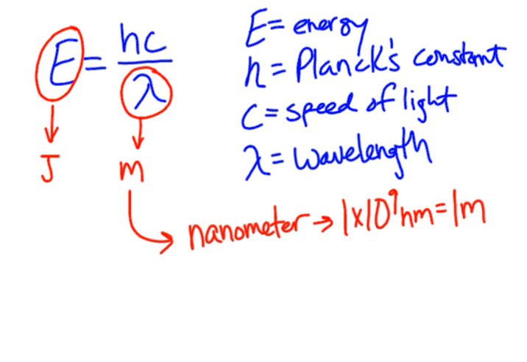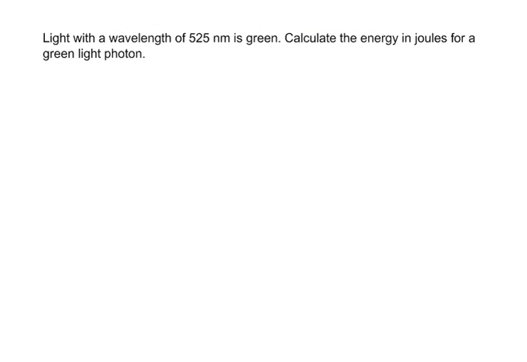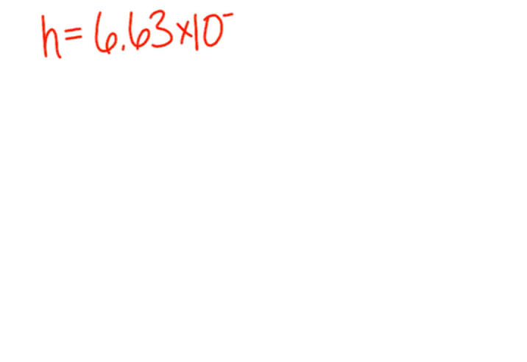Now, the constants up here, the nice thing about them both being constant is the product of them is also constant. I'll go ahead and solve for that real quick. H is Planck's constant. It is equal to 6.63 times 10 to the negative 34 joule seconds.